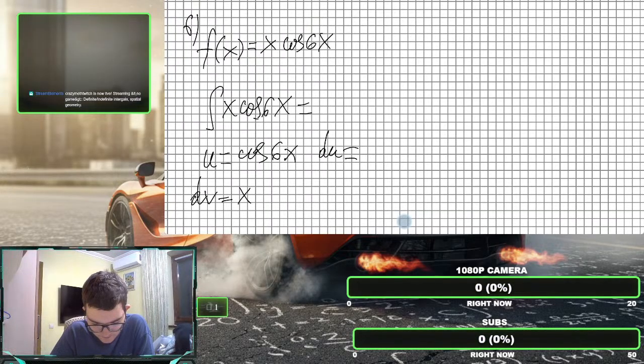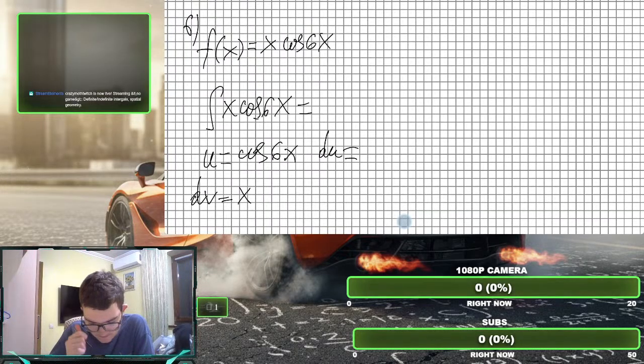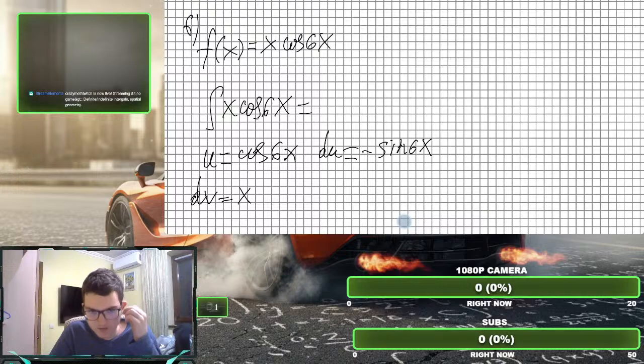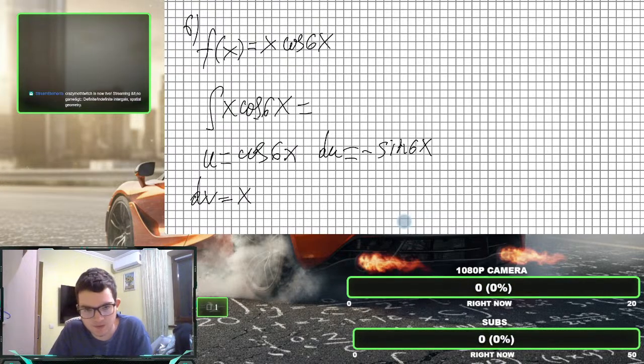And essentially now du, well, that's just the derivative of cos 6x. And what is that? Well, it's essentially minus sine 6x. Minus sine 6x, and I don't know, should I include the dx here?